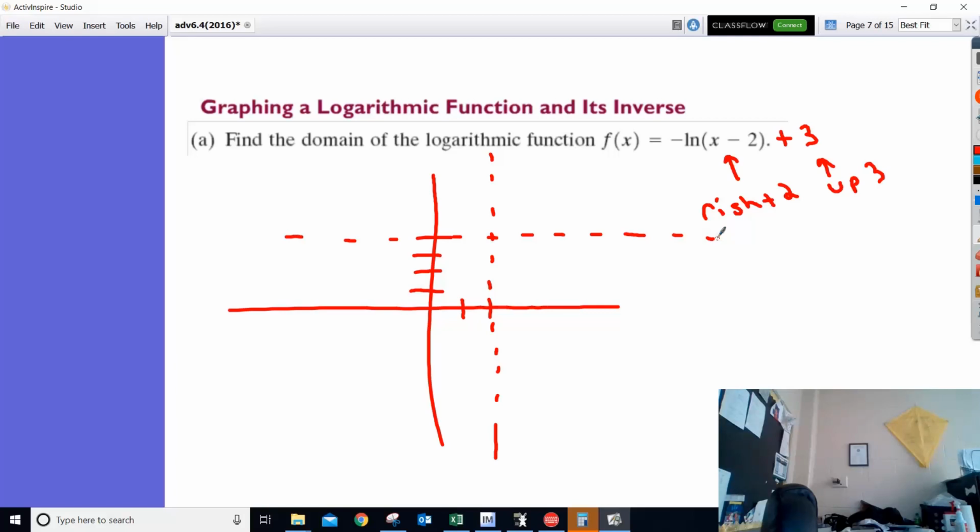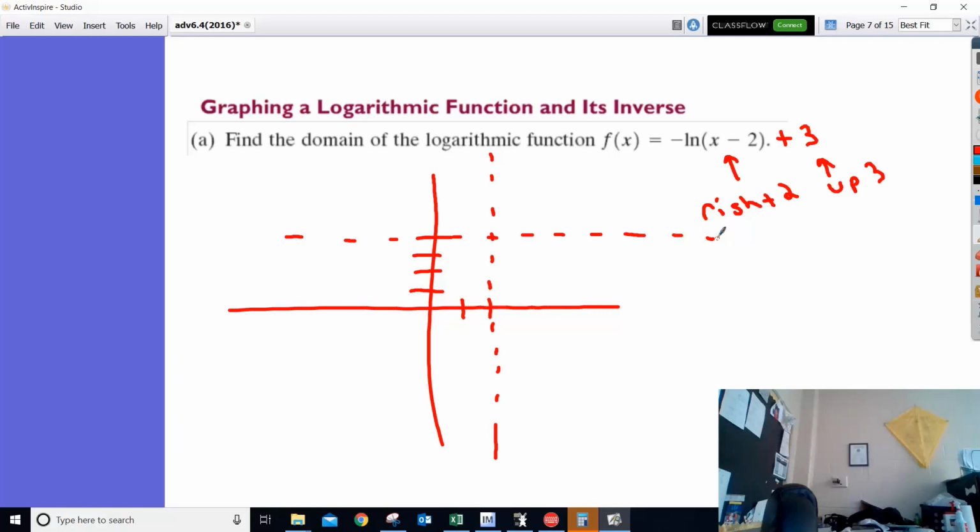Because anything to the left of it, if we think about the values of x left of 2, like 1, would that logarithm enjoy that value? If you threw x equals 1 at that logarithm and typed it in a calculator, what would your calculator tell you?